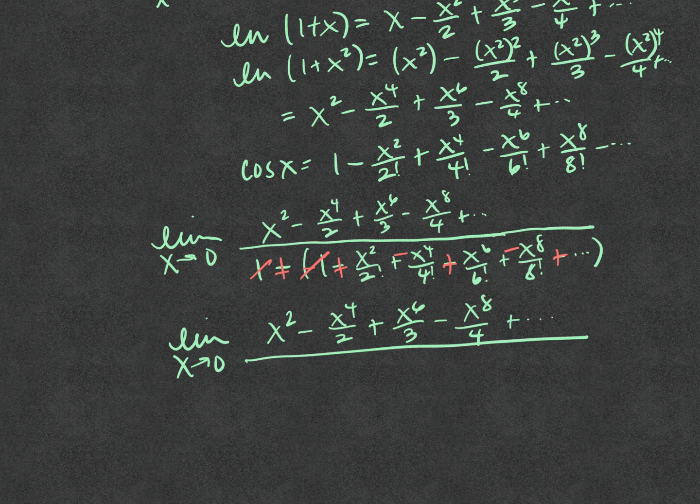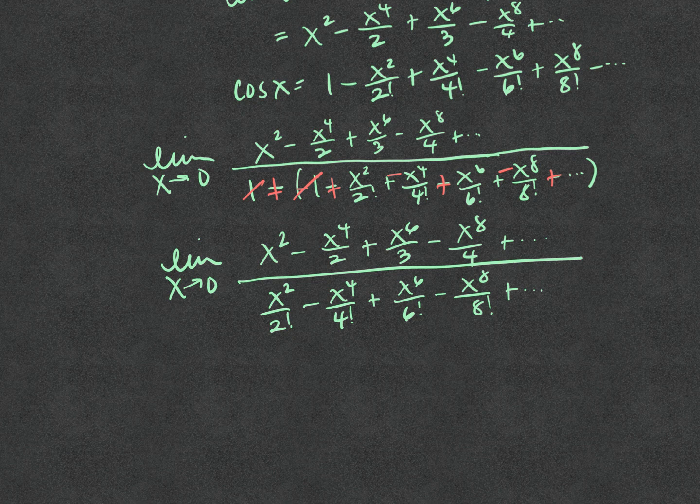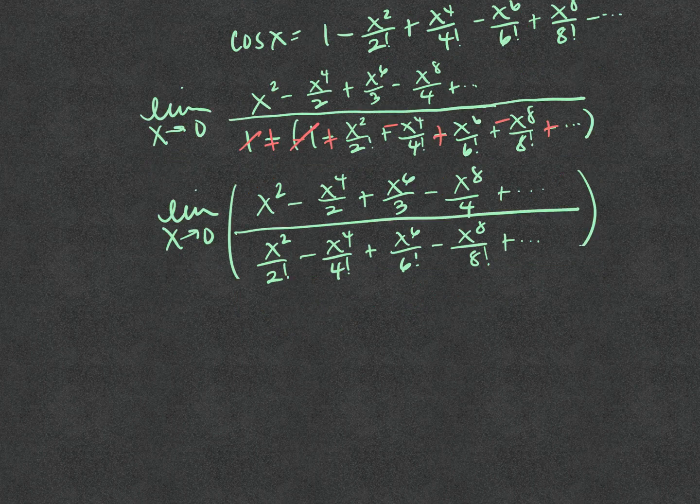And in the bottom, we have x squared over 2 factorial minus x to the fourth over 4 factorial plus x to the sixth over 6 factorial minus x to the eighth over 8 factorial plus dot dot dot. Now you can see similarities here. Do you see the similarities? There should be. It should help you out at some point. When we look at these similarities, we can pull an x squared out of both.